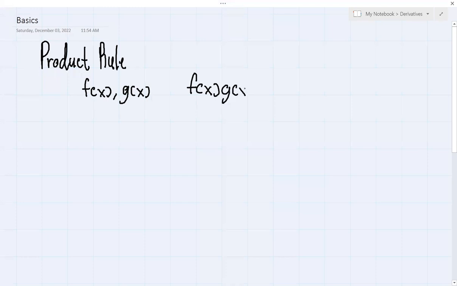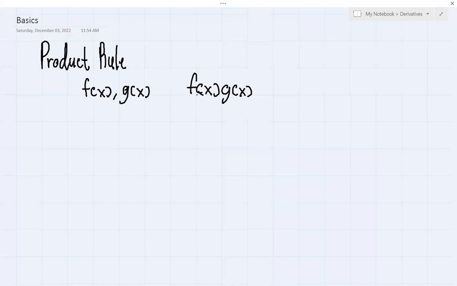That means magkadikit ang dalawang functions. So, kapag magkadikit ang dalawang functions, it means na ang operation ginamit to separate the two functions ay multiplication.